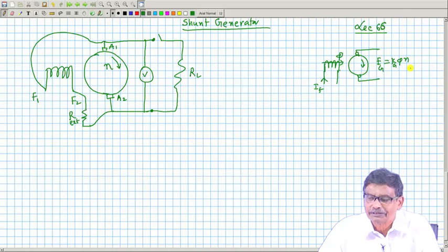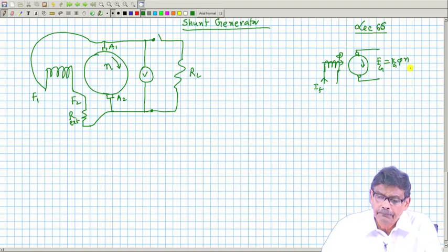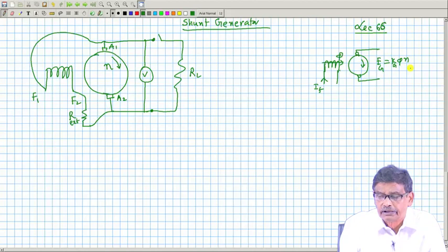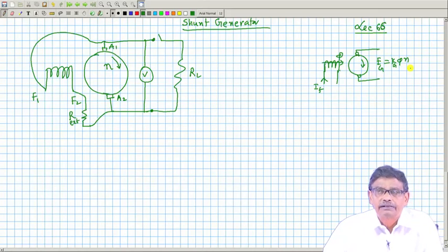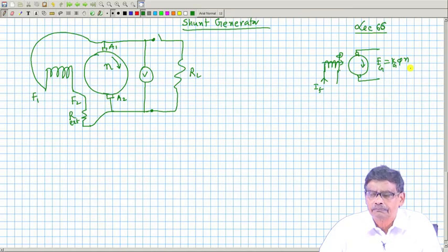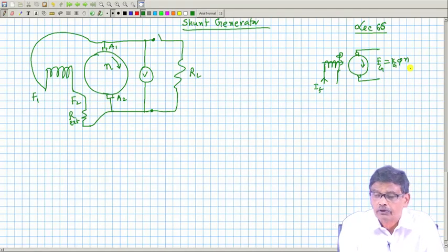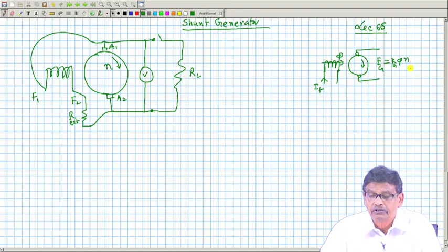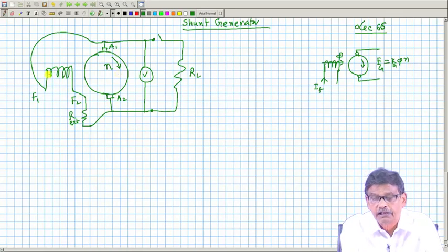Generated voltage across the armature is the product of the flux per pole and the speed. Therefore, there remains a question now, do I expect any voltage? The answer is most probably no, because there is no field current, no phi, and generated voltage depends on both speed as well as flux per pole.